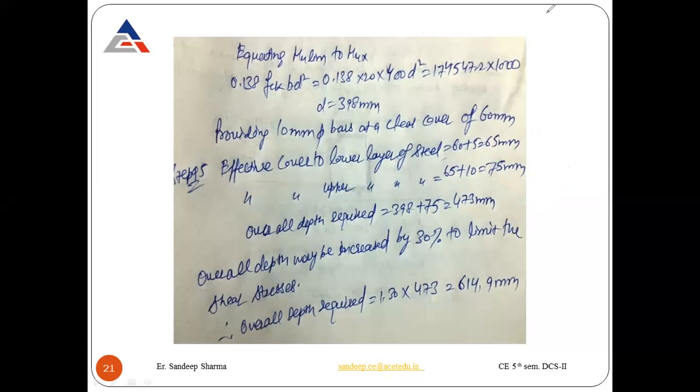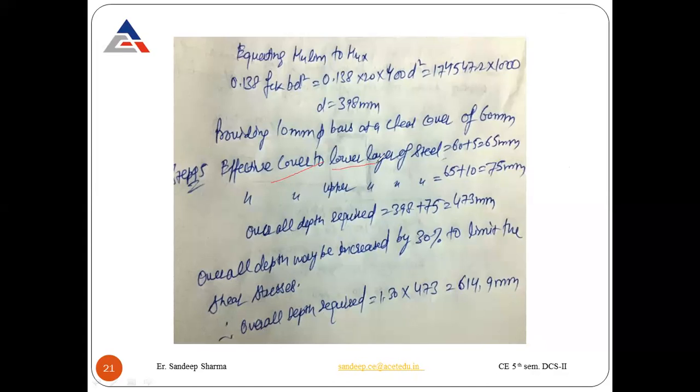Basically we have to calculate the percentage of steel along both the axes, along the x-axis as well as along the y-axis. That's why we are calculating the bending moment along both the axes, so the effective depth will be different along both the axes. If the effective depth is different, the effective cover will be different also.